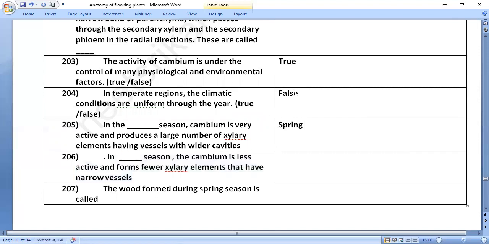In which season is the cambium less active and forms fewer xylary elements that have narrow vessels? Winter. Wood formed during the spring season is called spring wood, or early wood.